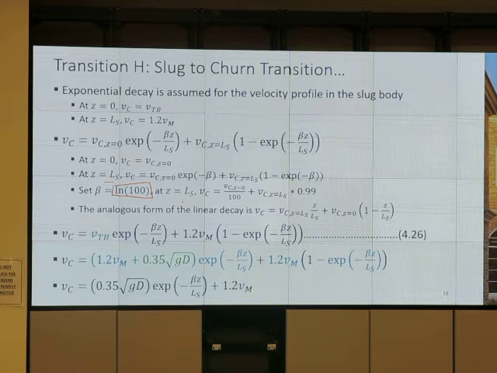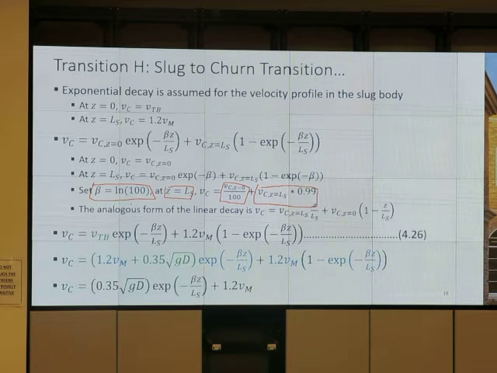1% means what? At z equal to Ls, V will be 1 over 100 of Vc at z equal to 0 plus 0.99 multiplied by that, provided that you set beta equal to natural log of 100.